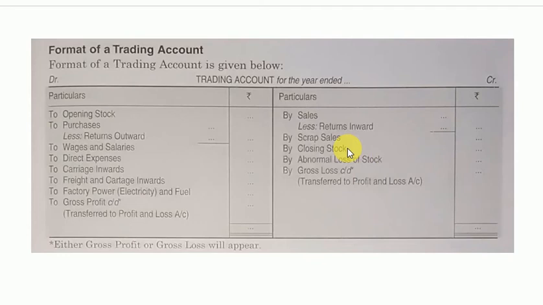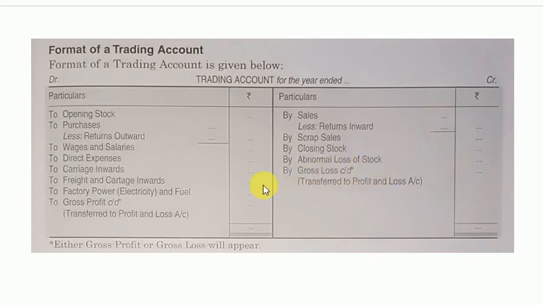And the difference of debit and credit is either gross profit or gross loss. If the credit side is in excess of the debit side, there will be a gross profit, and if the debit side is in excess of the credit side, then there will be a gross loss.